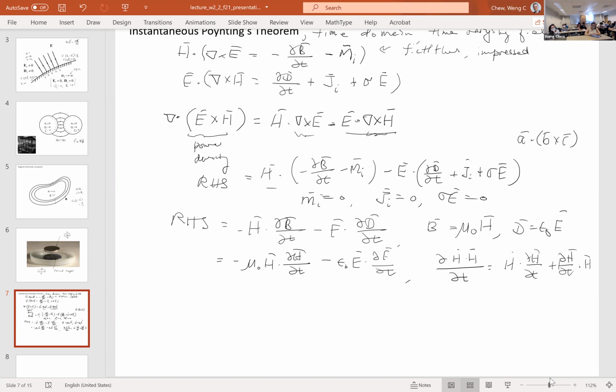But the 2 terms are identical on the right-hand side. So this is just equal to 2H dot dH dt. So you have this identity which says that this term over here is just half partial t H squared, where I use this notation H squared being equal to H dot H. Okay, can you see that?